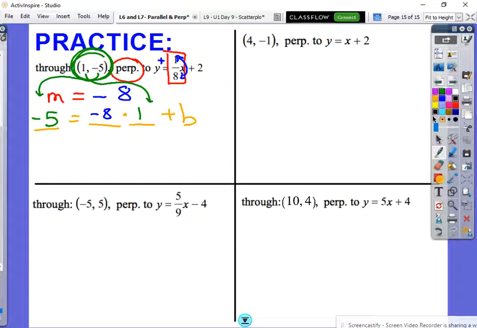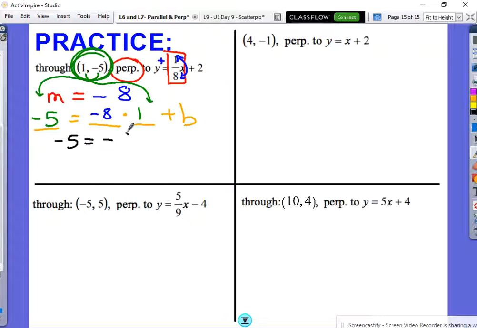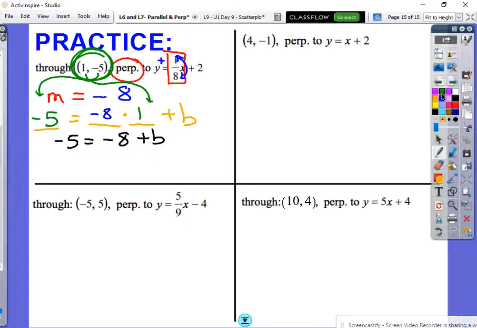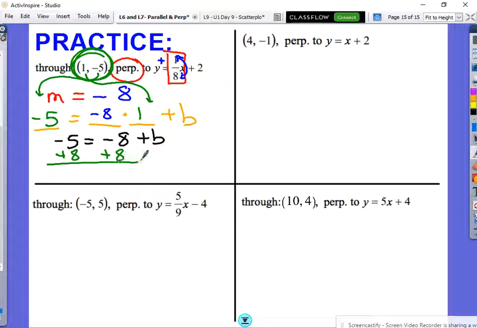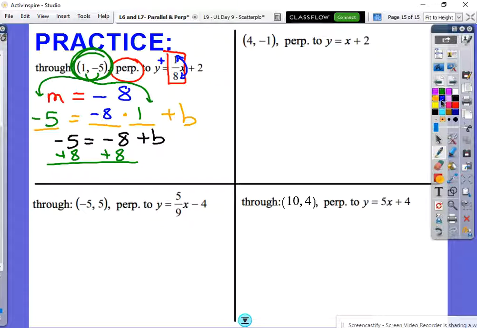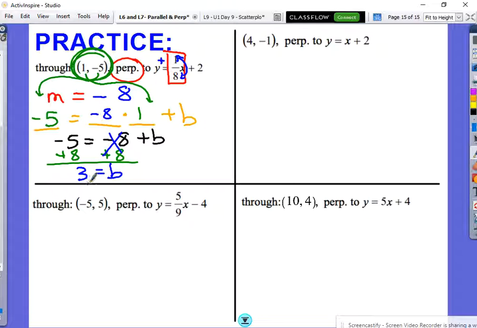Let's simplify a little bit. Negative 5 equals really negative 8, because negative 8 times 1 is still negative 8, plus b. Now I'm going to solve for b, so I solve for b by adding 8 to both sides. If I add 8 to both sides, I'm left with b equals 3.